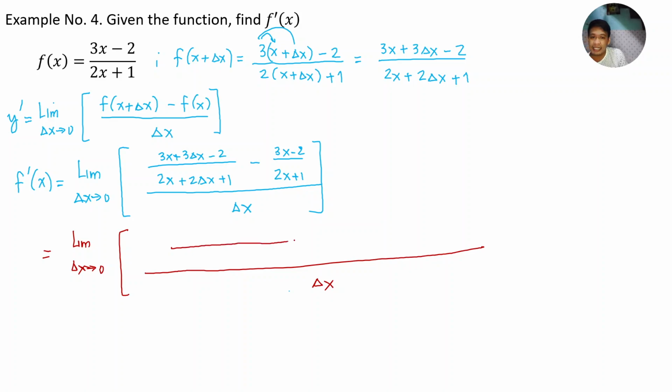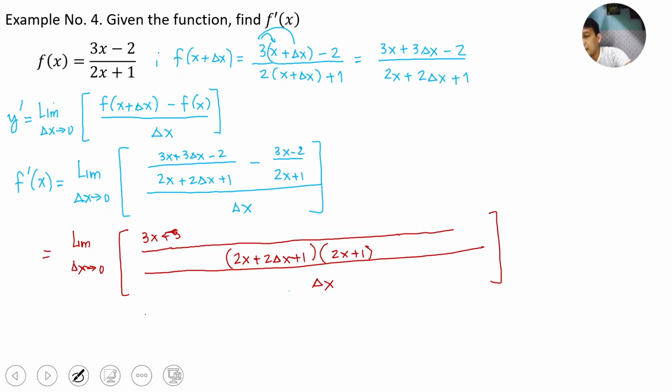So, ang LCD natin is the product of the denominators, 2x plus 2 delta x plus 1 multiplied by 2x plus 1. So your LCD divided by 2x plus 2 delta x plus 1, ang matitira ay 2x plus 1 multiplied by your numerator, 3x plus 3 delta x minus 2.